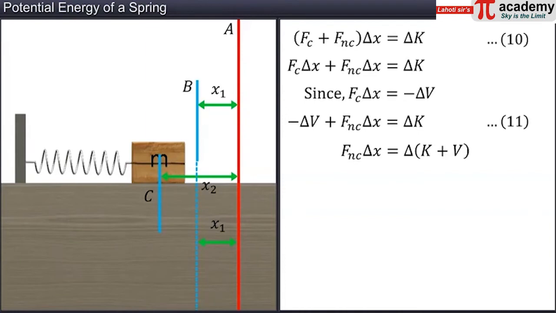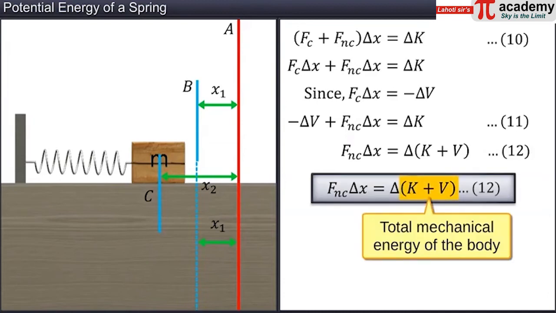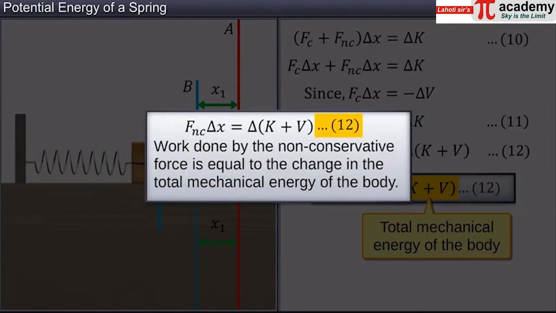We have Fnc delta x equal to delta of K plus V. Let this be equation 12. Since K plus V is the total mechanical energy of the body, which is the sum of the kinetic and potential energy of the body, equation 12 shows that the work done by the non-conservative force is equal to the change in the total mechanical energy of the body.